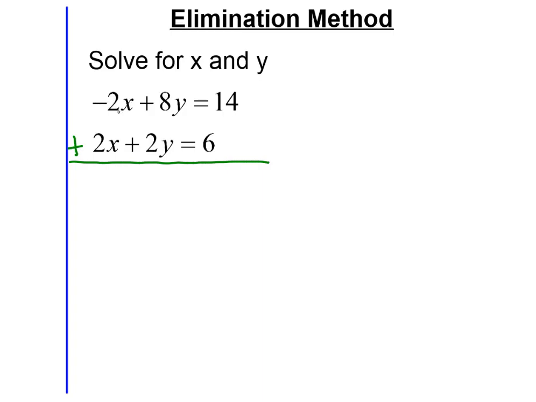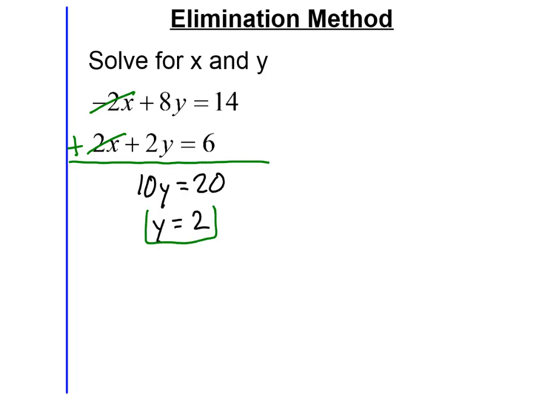Negative 2x plus 2x equals 0. These variables are eliminated. Positive 8y plus positive 2y is positive 10y, and 14 plus 6 equals 20. Divide both sides by 10 and I get a y of 2.